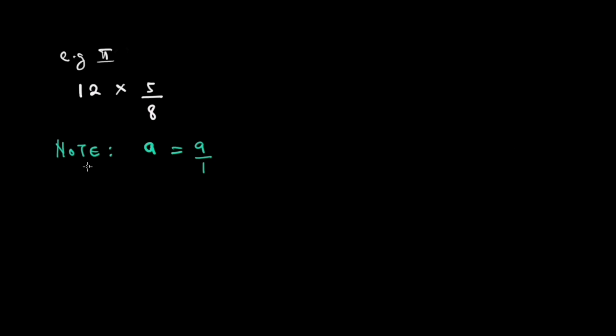So 12 here is the same as 12 over 1, and we are going to rewrite it as 12 over 1 times 5 over 8. It is the same because 1 divides into 12 giving 12. 1 divides into every number, retaining that number. This follows from lesson number 1, where we said 1 is a universal factor. While still on factors, as revision, note that 1 is not a prime number.